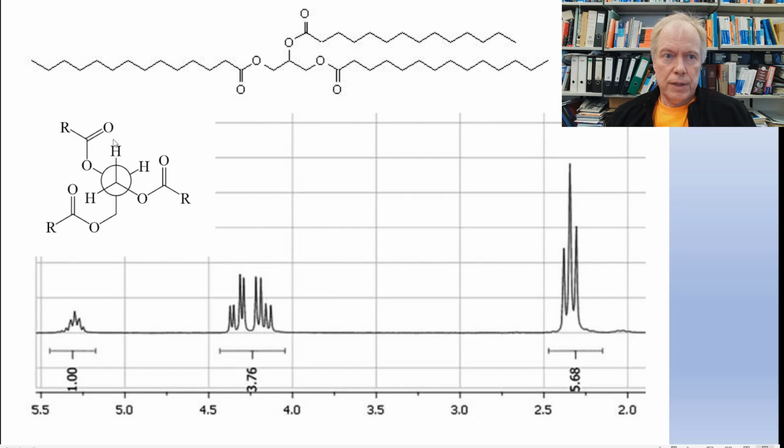So, each of those two hydrogens additionally has a vicinal coupling constant to that hydrogen, but these two vicinal coupling constants are different, as we can see here. One of those two hydrogens has a coupling constant from here to there and from here to there, and this is somewhat larger than from here to there and from here to there.